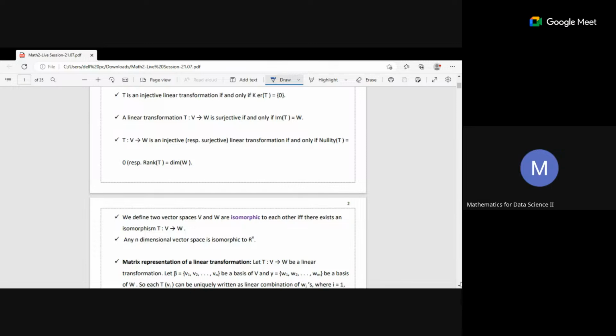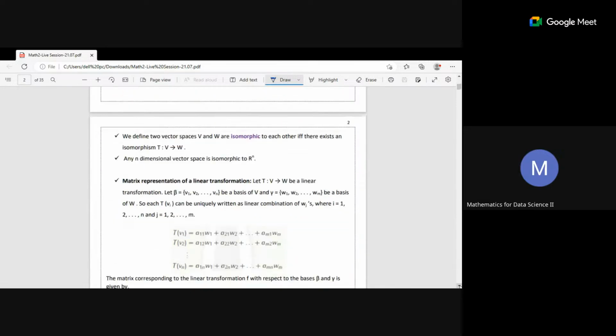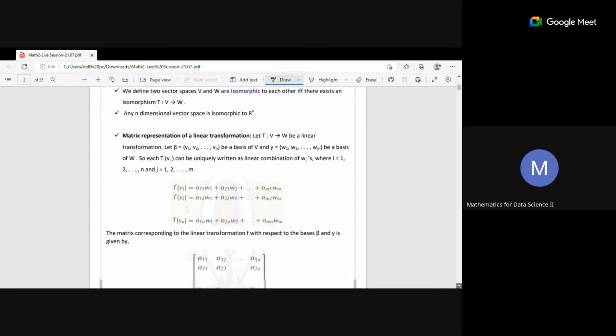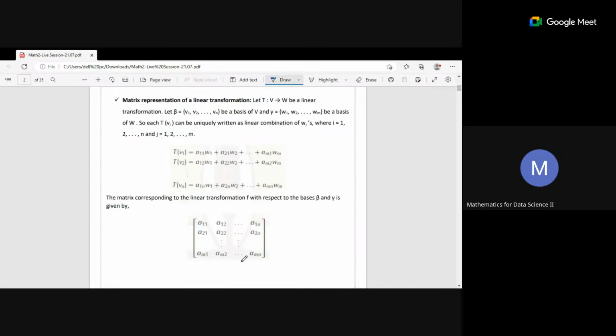Okay. And then we saw the matrix representation of a linear transformation. So if V and W are vector spaces and T is a linear transformation from V to W, you have two bases. One is for V, another is for W. In that case, how to express T as a matrix with respect to this basis beta for V and gamma for W? So the expression is given here. So this matrix, how did we find?